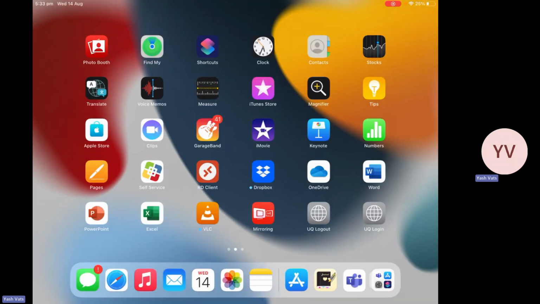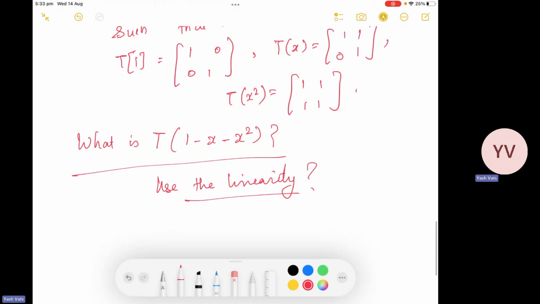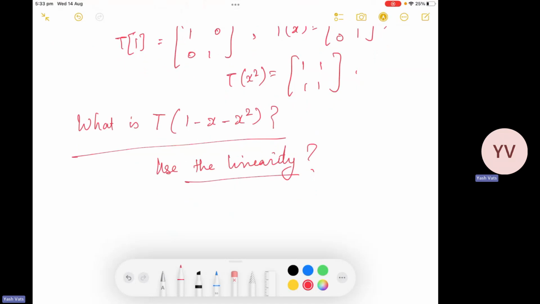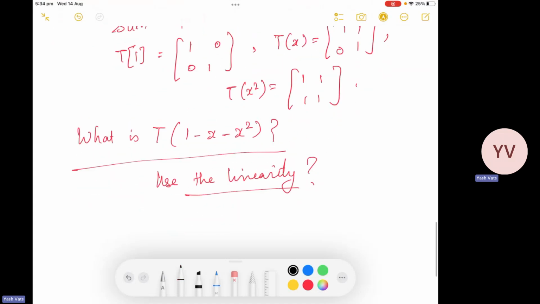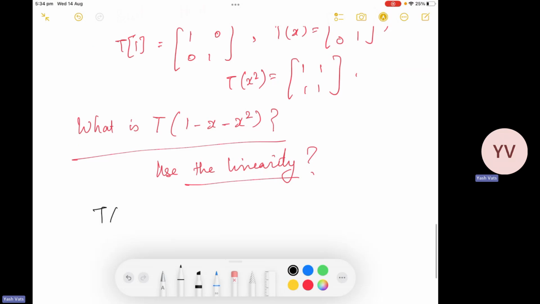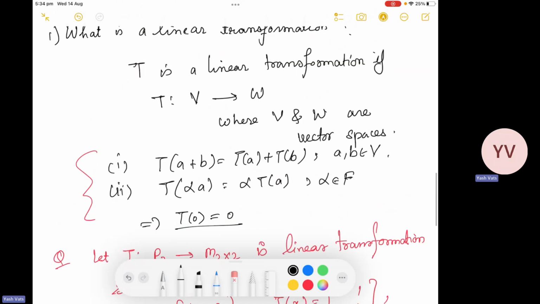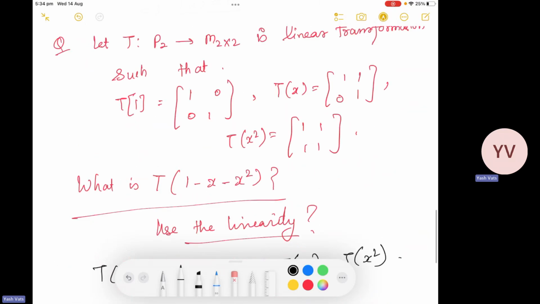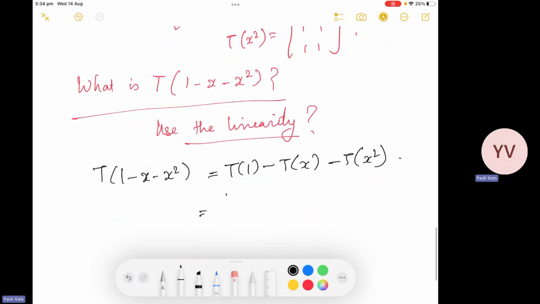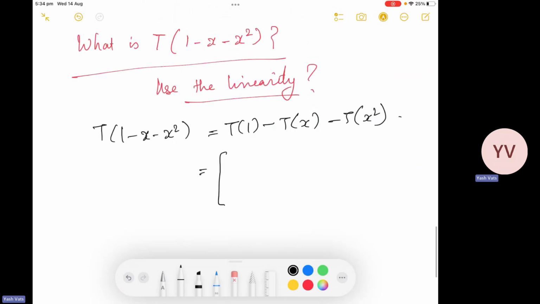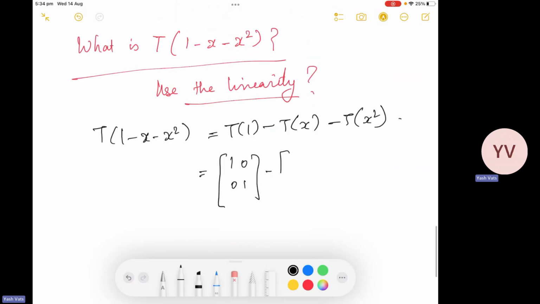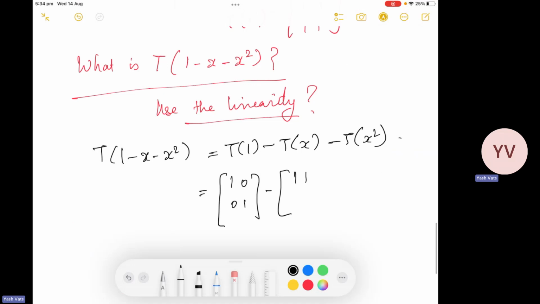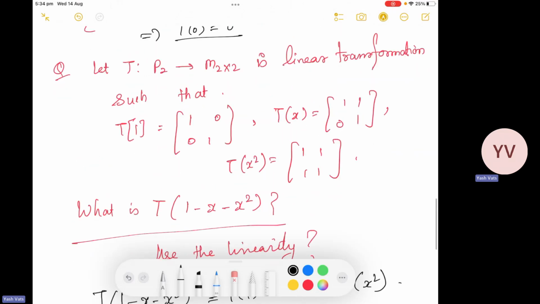Yes, so we try this now. So how do you find the solution in this case? T(1 minus x squared) can be written as T(1) minus T(x squared). Which property did I use here? This one, the first one. Then you just substitute what is T(1), which is [1, 0; 0, 1], and T(x squared), which is [1, 1; 1, 1].